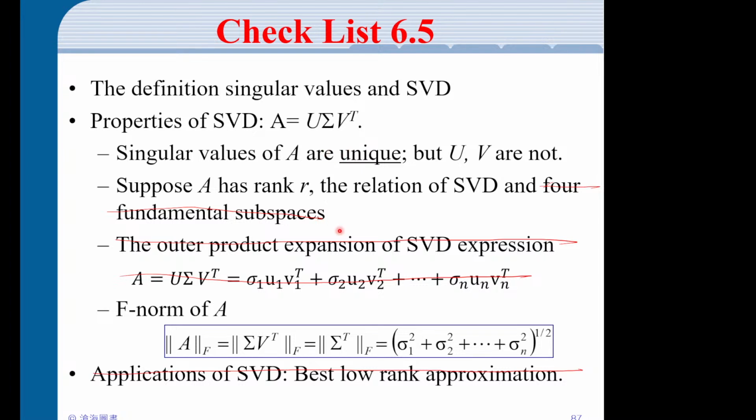You need to know that if A has rank r, then sigma has r non-zero values inside. And then you can calculate the singular values of A from A transpose A: just calculate the eigenvalues of A^T A and A A^T.